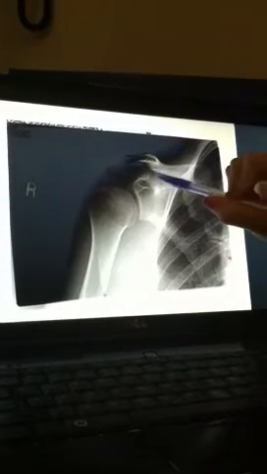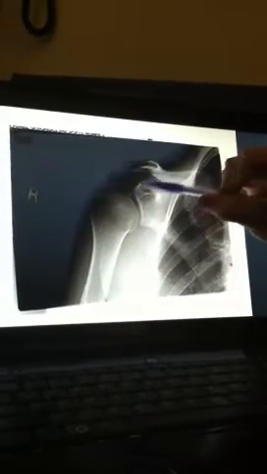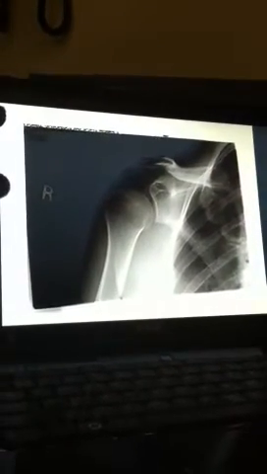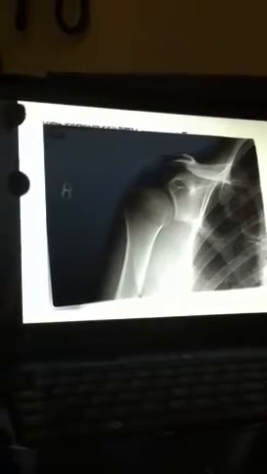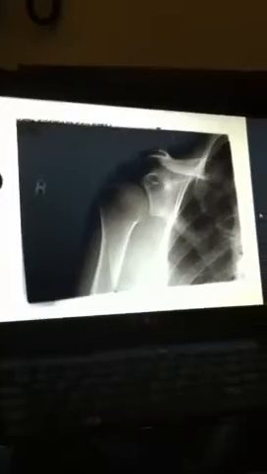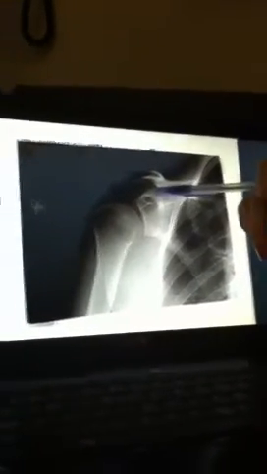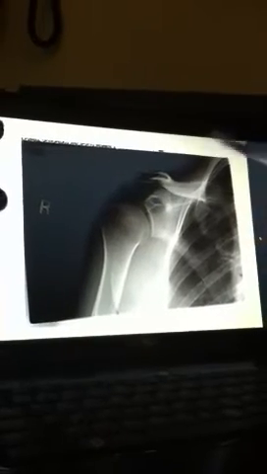So then what is this? Another part of the scapula. What's this one? Is that the spinous process? Coracoid. The coracoid process. So coracoid and acromion.